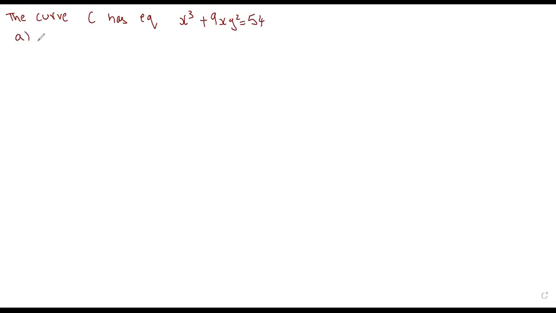Part A says find the gradient of the tangent to C at the point (3, 1). This is the first part and then we'll discuss the second part later.